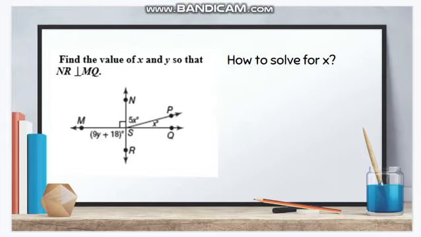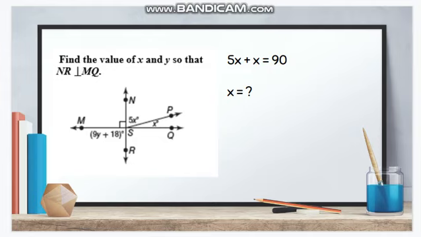So how do we solve for x? Well, even though these are two separate angles right here, we know that added together they're going to make NSQ. And we know that NSQ is 90 degrees. It's a right angle. These two angles together make up this right angle.